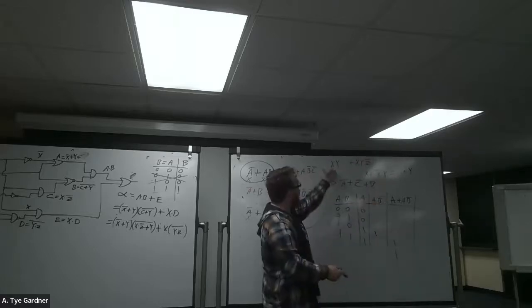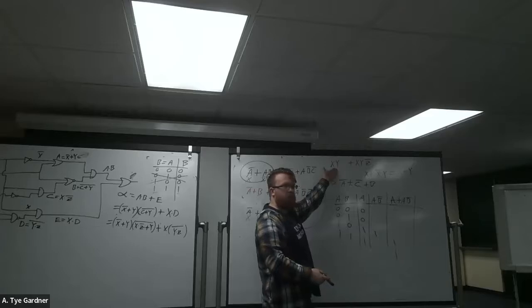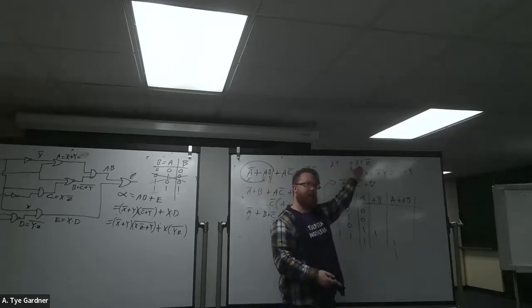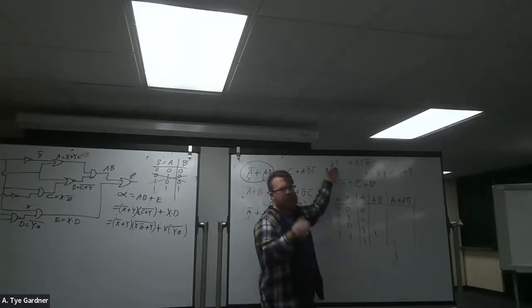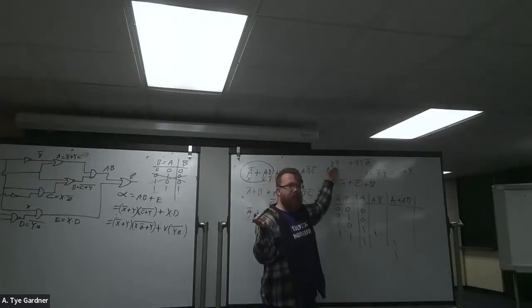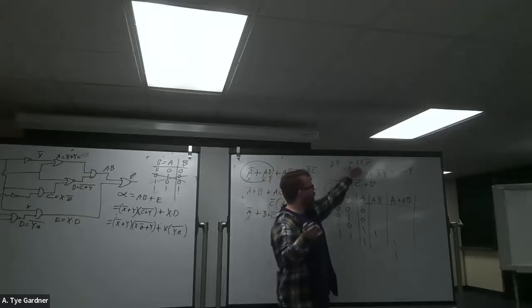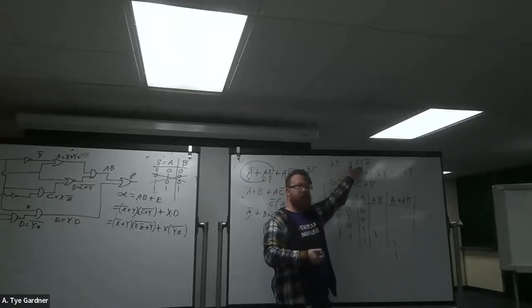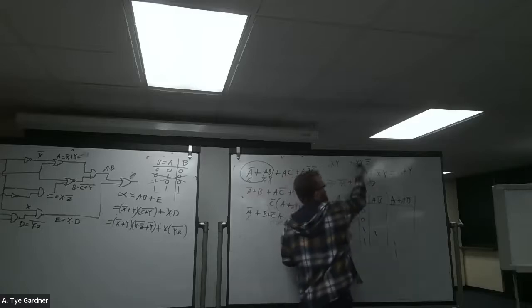Same thing happens. I have to have X and Y in order to have X and Y and not Z, right? So this expression has a Z in it, but it just doesn't care what Z is doing. And so that means that if I don't care what Z is doing here, why should I over here? So it goes away.